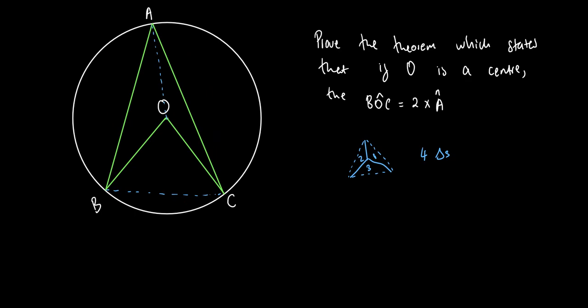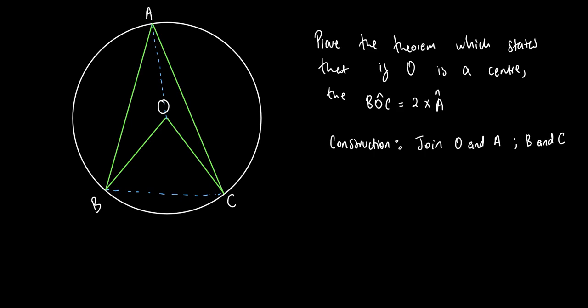So you're going to tell the examiner what you just did there. You're going to say construction, and you say join O and A, semicolon, and B and C. You just explain to the examiner what you were doing to draw that Mercedes-Benz logo.